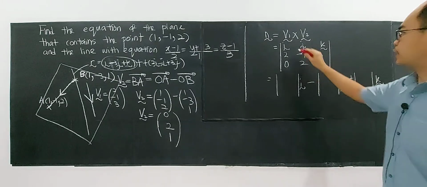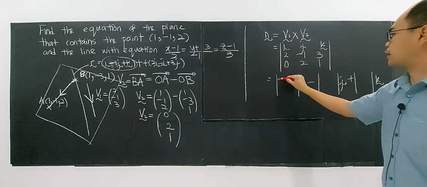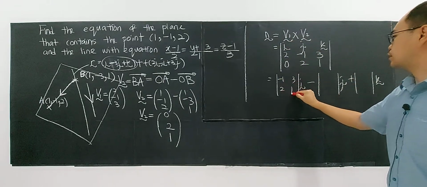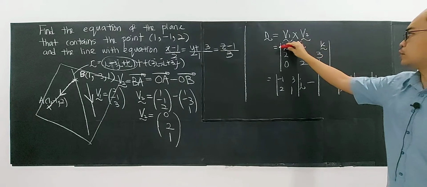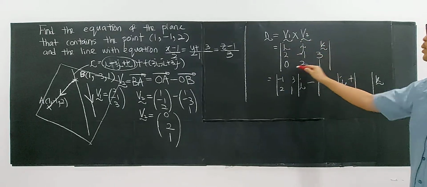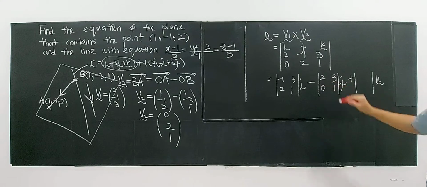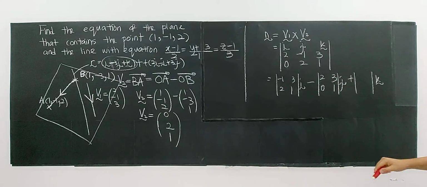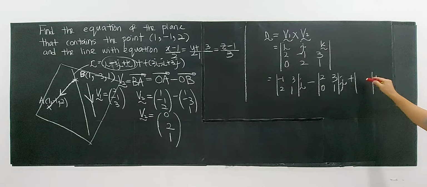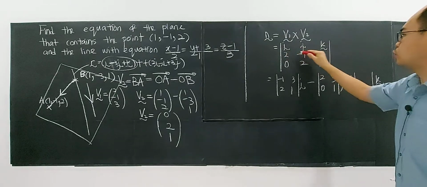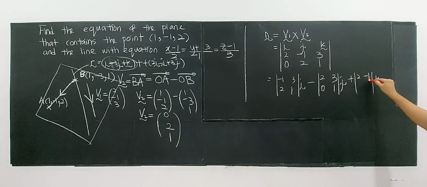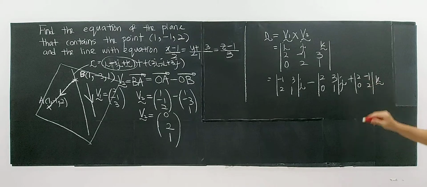For i, the minor here will be the entries -1, 3, 2, 1. For j, the row and column 2, 3, 0, 1, and the sign is negative. And for k, it will be 2, -1, 0, 2.